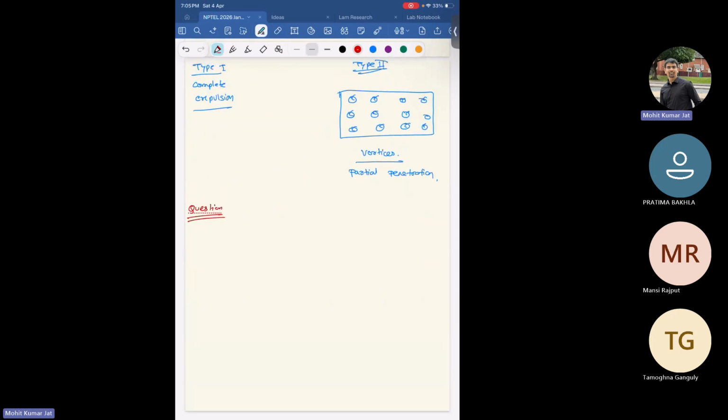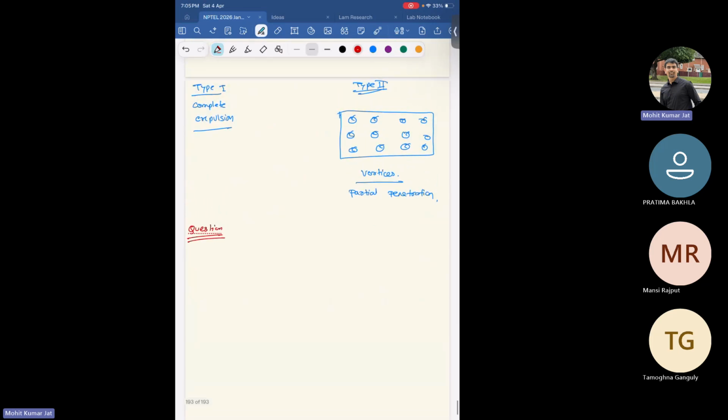So the question which can come out basically, I will take mercury because that's the first material in which it was discovered. So let's take a question for mercury only.